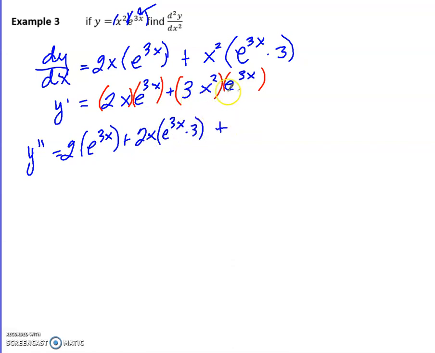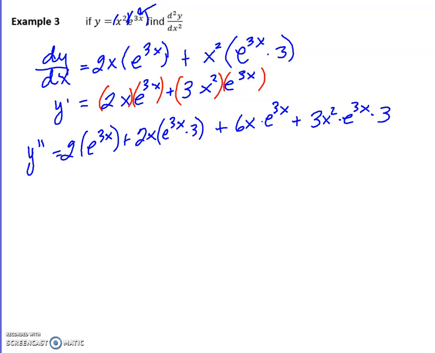Then I've got product rule again. Derivative of the first, 6x times the second, e to the 3x, plus first, 3x squared times the derivative of the second. It's chain rule. Don't forget that extra 3. Whew.